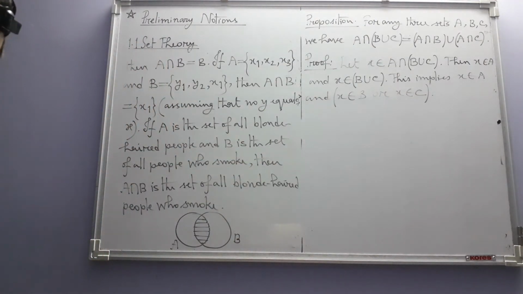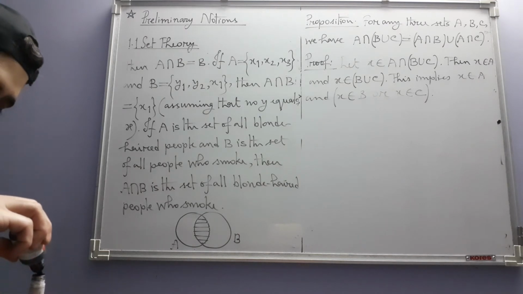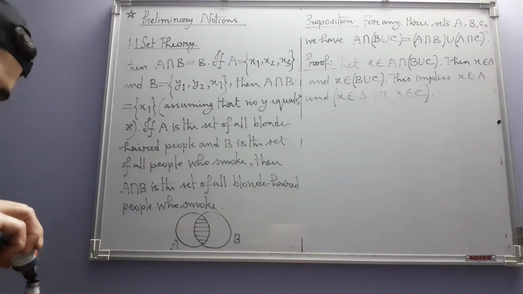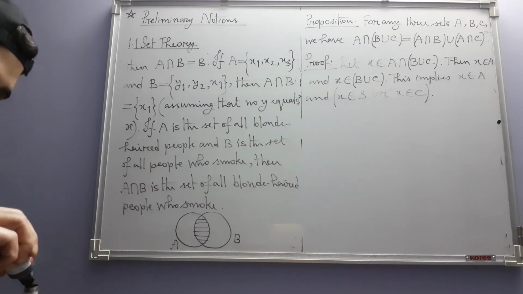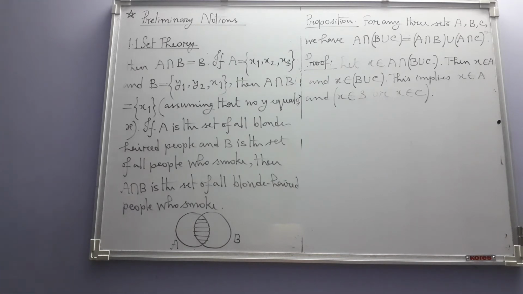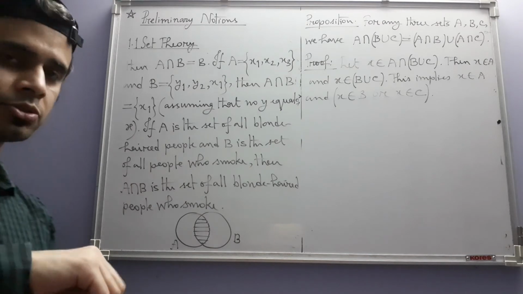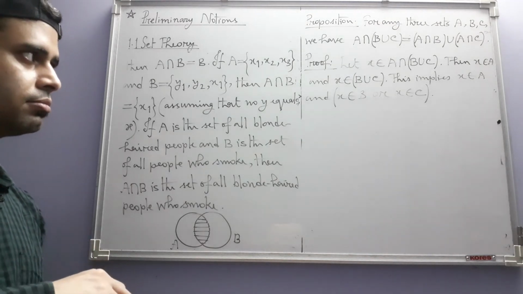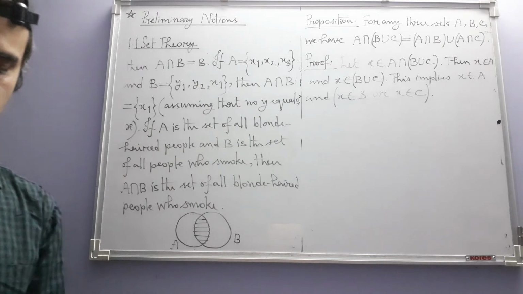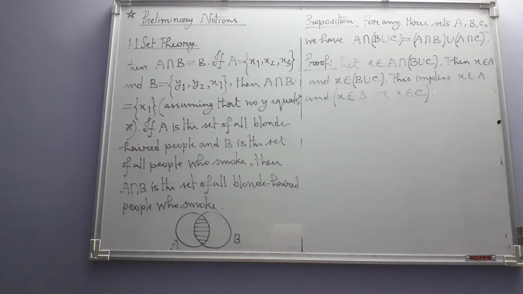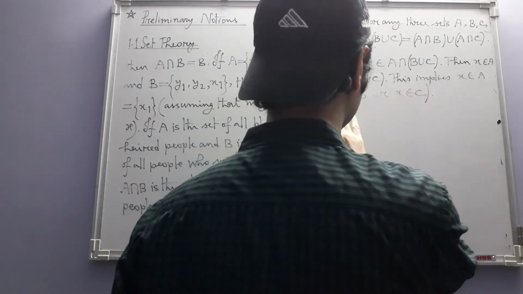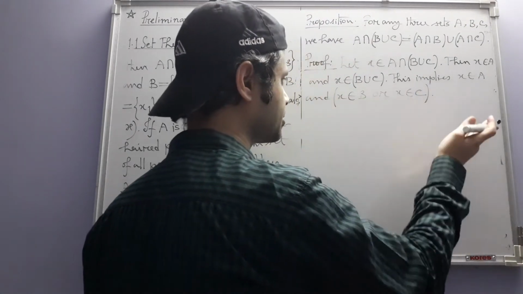In mathematics, we usually use inclusive OR. If we want exclusive OR, we have to mention it separately, because the situations that arise most often are where inclusive OR is more appropriate than exclusive OR. That's the reason. And union is one such situation. So this implies X belongs to A and X belongs to B or X belongs to C.